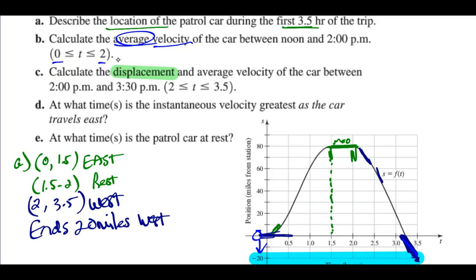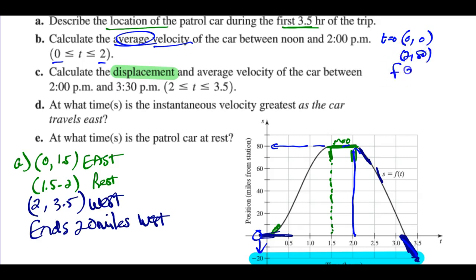between 0 and 2. So at time 0, let's just write it as an ordered pair. At time 0, he hasn't moved anywhere. And then at time 2, we have to figure out where his position is, and at time 2, it looks like he's up at 80. Oh, so they gave me 2 points.